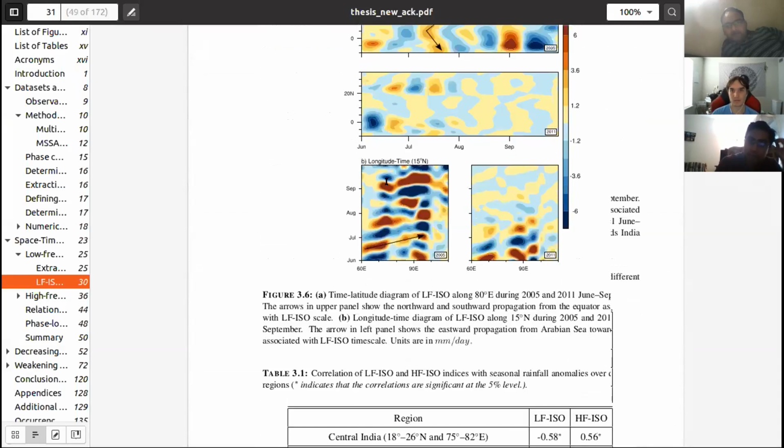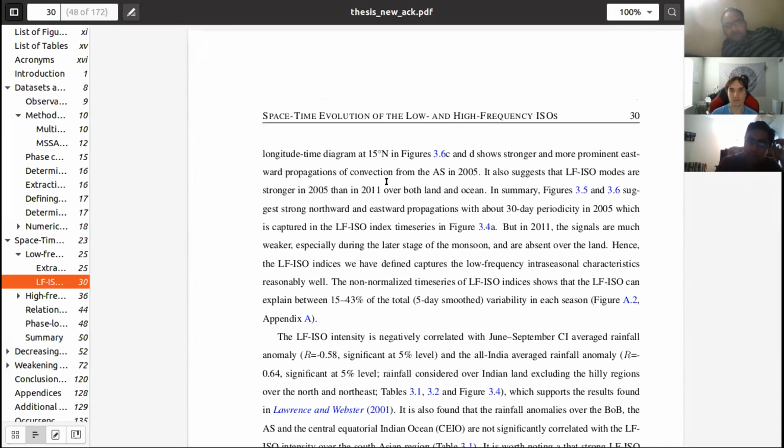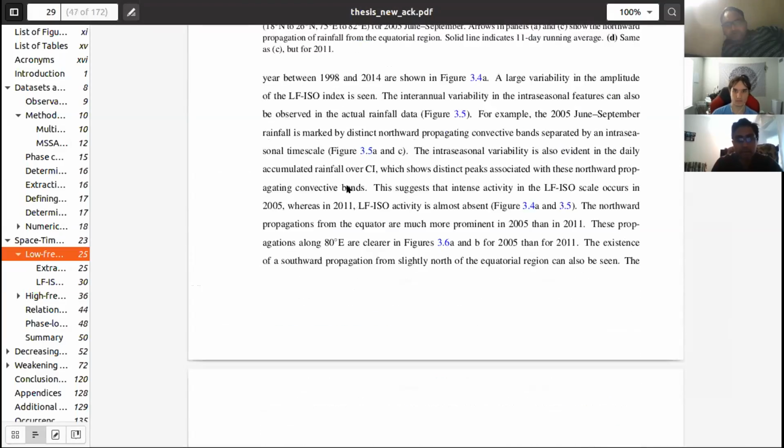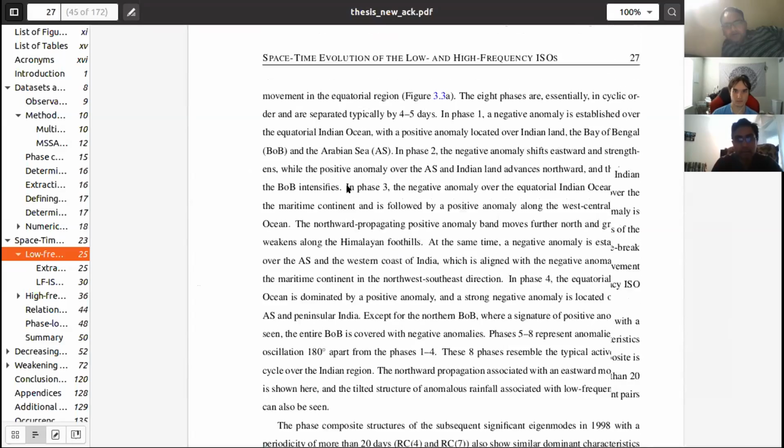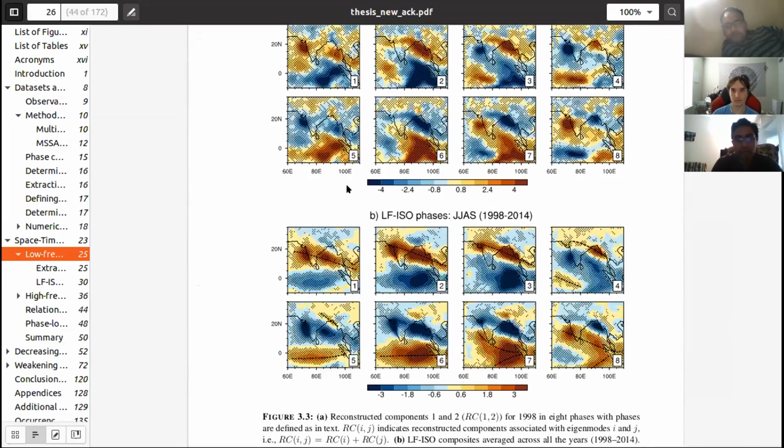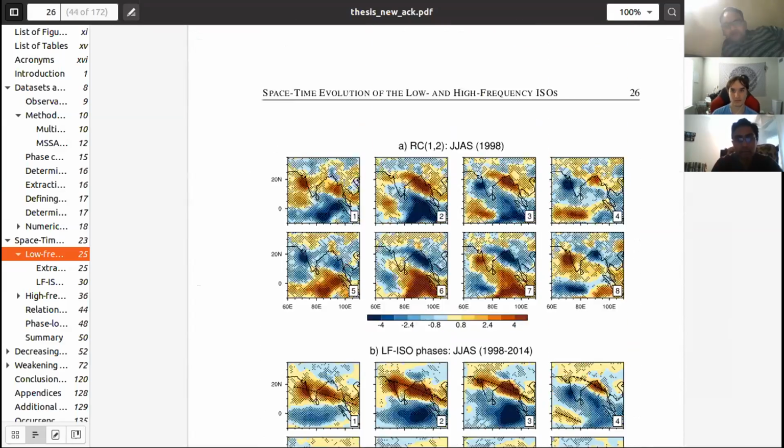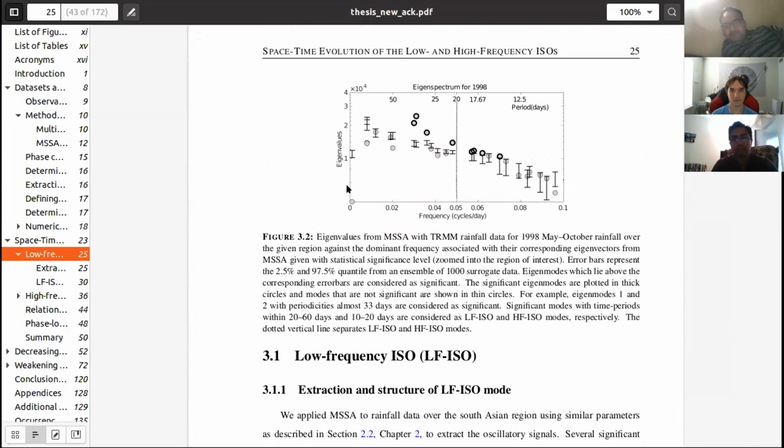I mean, for this one I use from May to October. May to October. Can you go up to that frequency figure? Which one? The frequency, the modes. This one. Above it, the first figure, I guess. Yeah, this one.